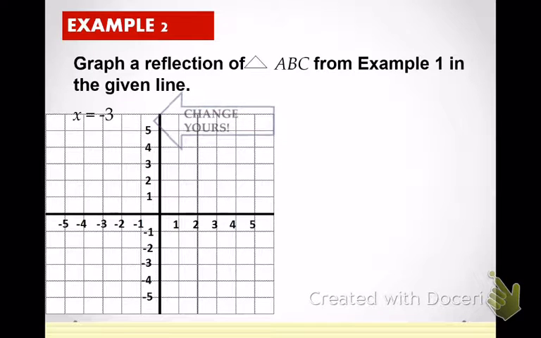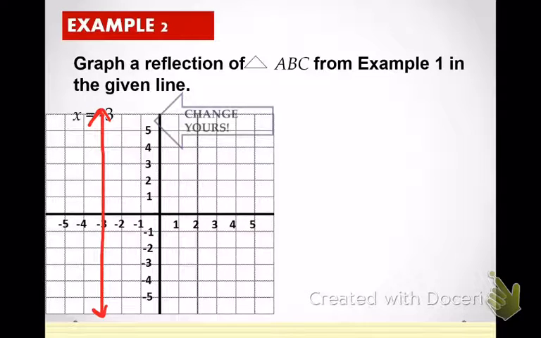All right, so now they're asking you to reflect across the line x equals -3. We reflect across the line x equals -3. Is that a vertical or horizontal line? That's vertical. That line looks like this. There's your line of reflection, -3.